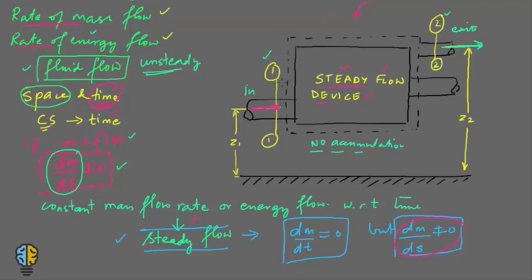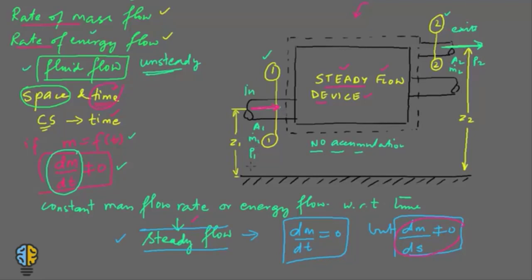Let us say the area at section 1 is A1 and the area at section 2 is A2. The mass flow rate at section 1 is m1 dot and at section 2 is m2 dot. The pressure at section 1, which is the absolute pressure and not the gauge pressure, is P1, and the absolute pressure at section 2 is P2.